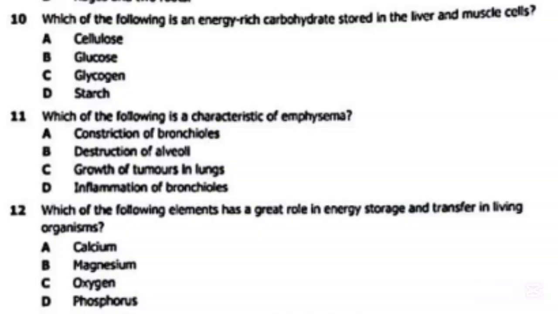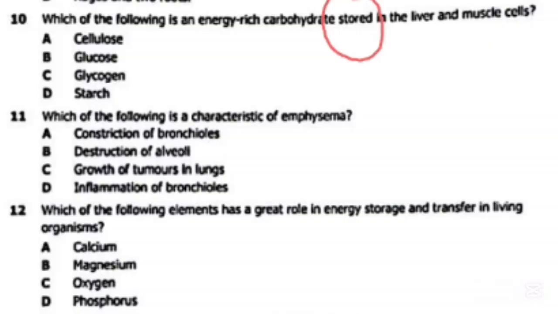Whenever they are saying energy-rich carbohydrate stored, they are asking for the storage of carbohydrates or storage of glucose. Whenever you hear the storage of glucose, remember there are two storages. We have glycogen and starch. These are the two storages of glucose.